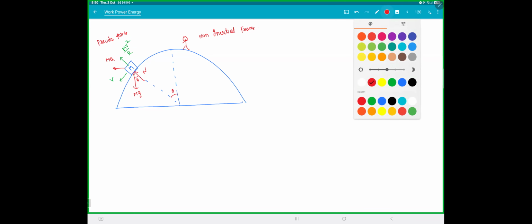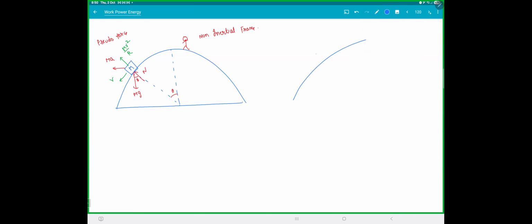So if I just draw this thing again, this will be mg cos theta. And this will be normal reaction. This will be mg sin theta. This will be ma cos theta. This will be ma sin theta. So I have to resolve the pseudo force into components and the centrifugal force. So your normal reaction will also have a centrifugal component.